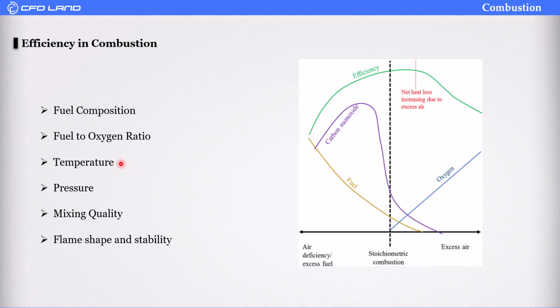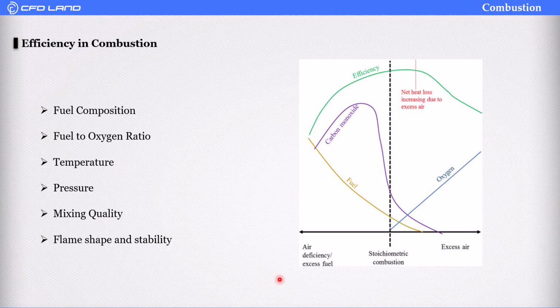For the temperature, for example, if the temperature is too high, we will have byproducts called nitrogen oxides. So some energy is used to form these byproducts, and this keeps it from forming carbon dioxide and the right products. It causes carbon monoxide to form.